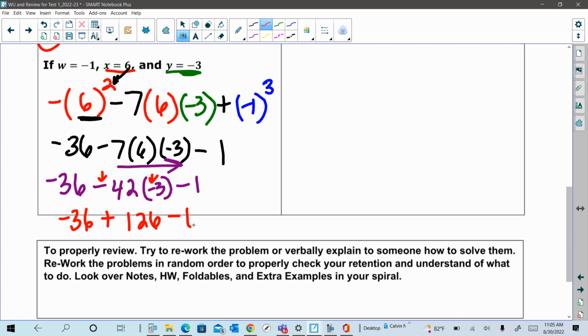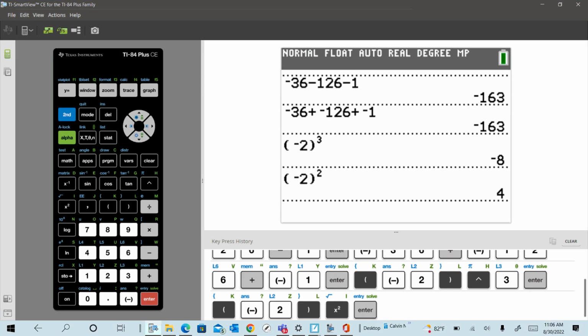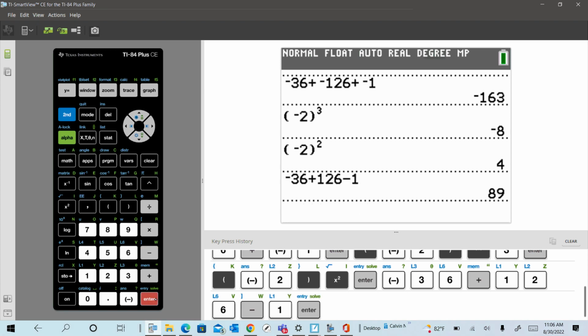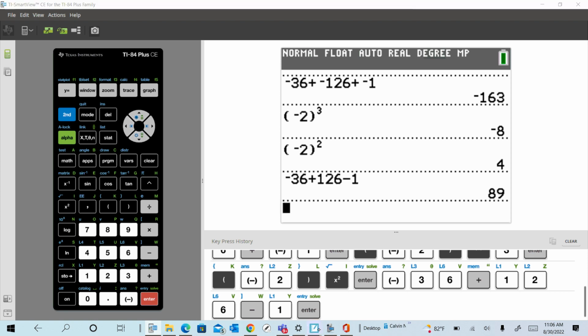You have to do it from left to right. So even if I type it from left to right, you would have -36 plus 126 minus 1, which is positive 89. Yes? Number 14, sure.